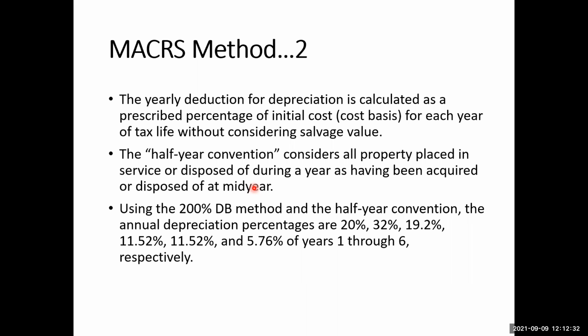But in calendar year terms, for example, if an equipment is purchased in 2021, 2021 will be considered as half year. The next 4 years, 22, 23, 24, and 25 will be considered as full years. And then the equipment will be disposed of in 2026, which will be considered as half year. So starting from 2021, the equipment's 5 years will be completed in 2026.